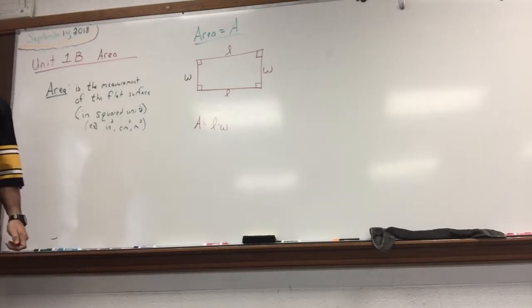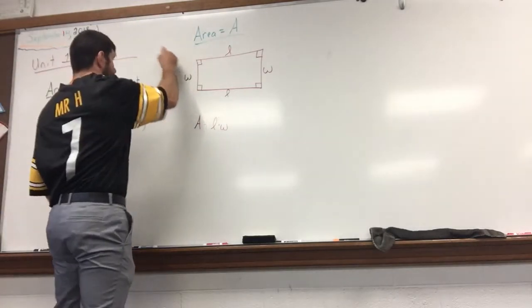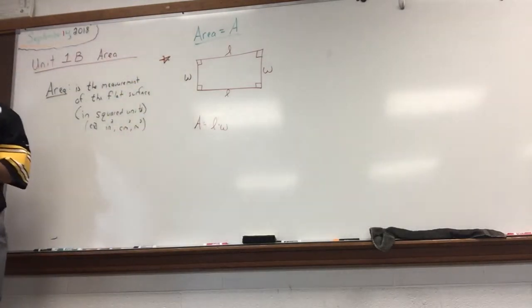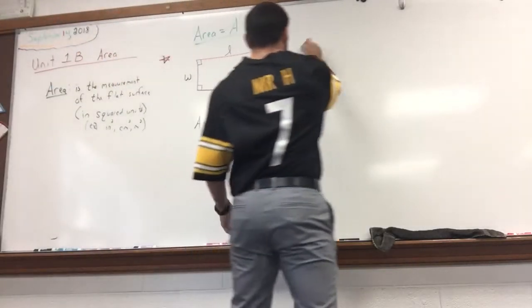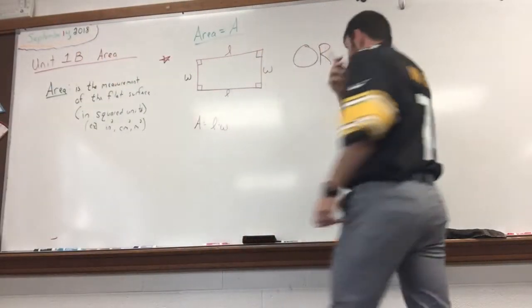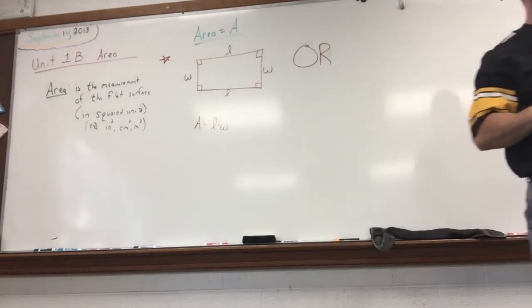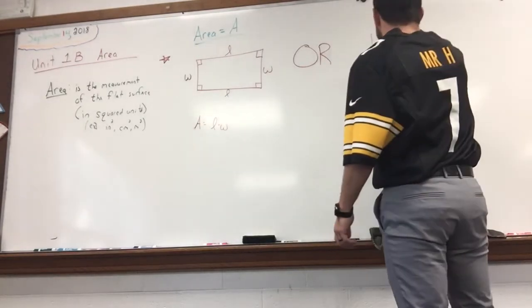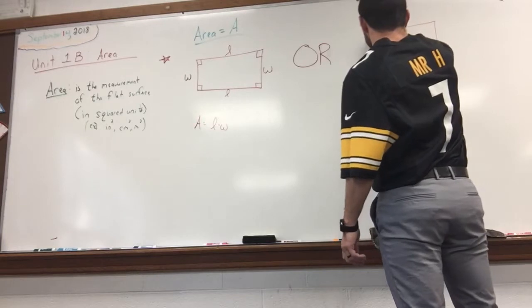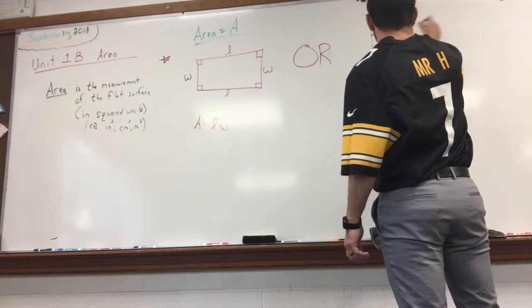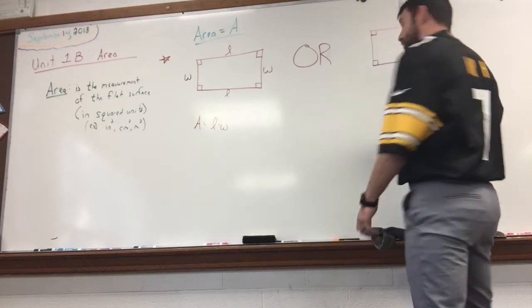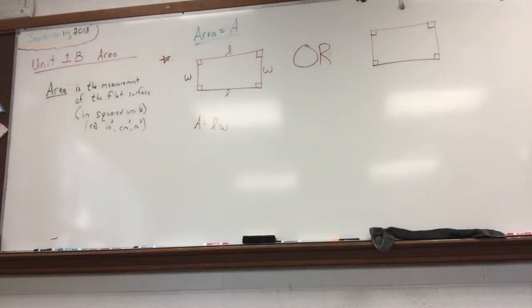Now, this is the more common way to see a rectangle. This is absolutely the more common way to see a rectangle. And this is the way that I want to show you because it will help lead us into everything else.